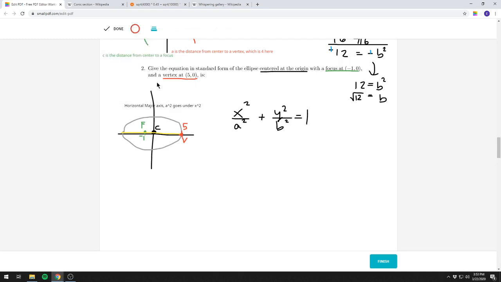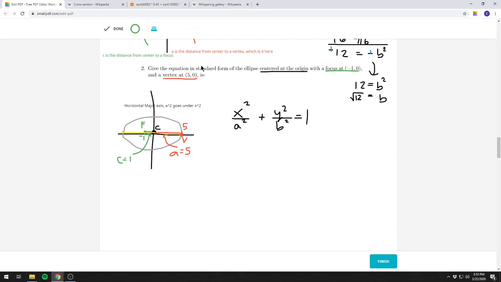And all the same things apply as last time. a is the distance from the center to a vertex, and that here is 5, so a is 5. And c is the distance from the center to a focus, so that means c is 1. And remember, these are all distances, so they're always positive. a, b, and c are always positive. And just like last time, we have a squared and b squared in our equation.